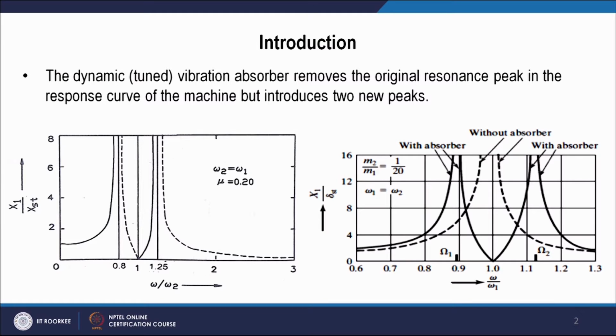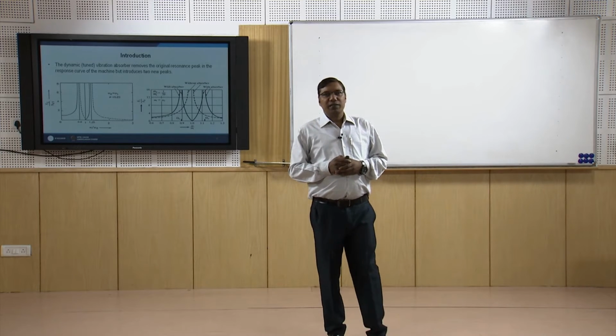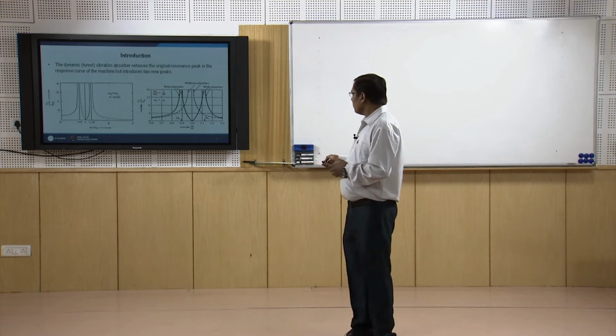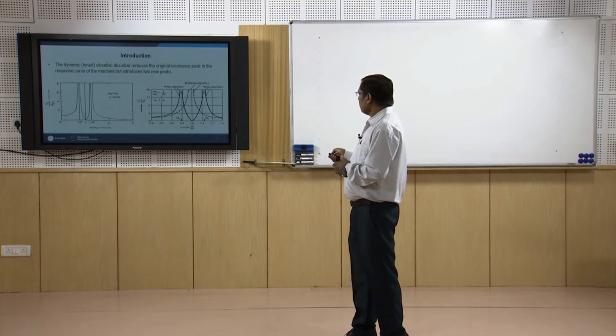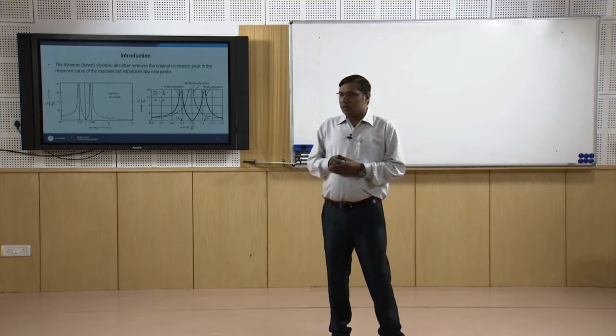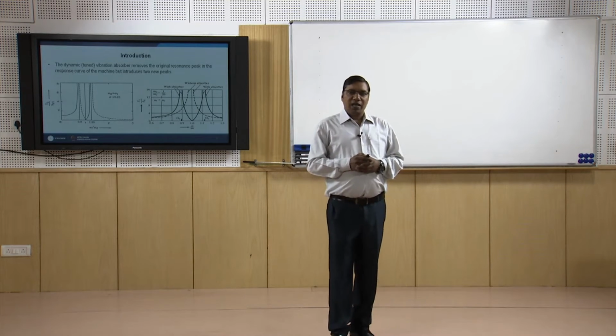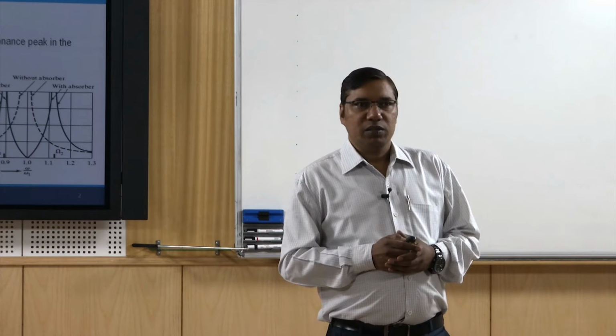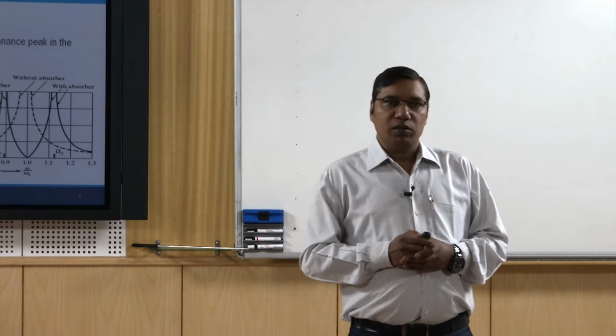Therefore, when we start a machine from low speed to reach omega by omega 1 equal to 1, it will pass through this, in this case 0.9, and in the other case here in this diagram 0.8. So, it will pass through the lower resonant frequency, and therefore at those frequencies the vibration amplitude will be quite high, and the undamped vibration absorber will not be able to control this amplitude.